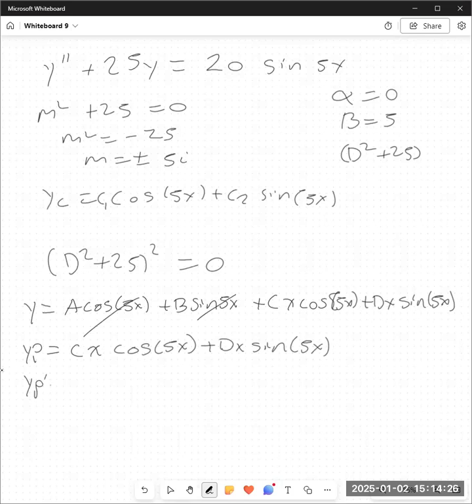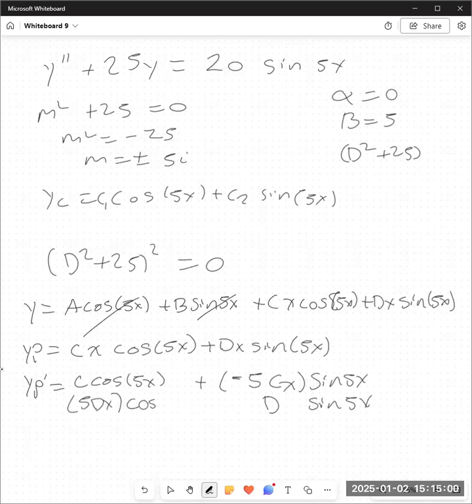My yp prime is going to be c cosine of 5x plus a negative 5cx sine of 5x, and then d sine of 5x, and then 5dx cosine of 5x.